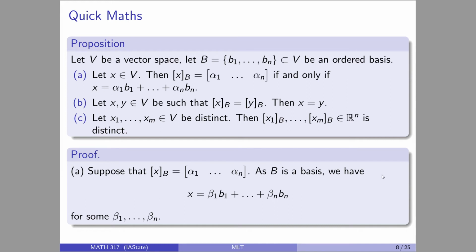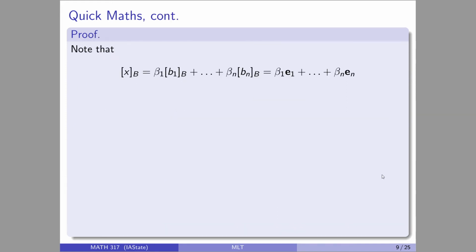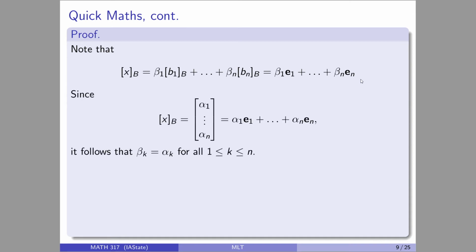Well, the standard coordinate vector is the output of the standard coordinate transformation, which is linear. So if I feed it in a linear combo, it respects the linear combo. The standard coordinate transformation takes the basis elements and lines them up with the basis elements of Rn. So there you go. We know that this is alpha 1 to alpha n, and that's literally this right here. So the betas and the alphas have to be the same.